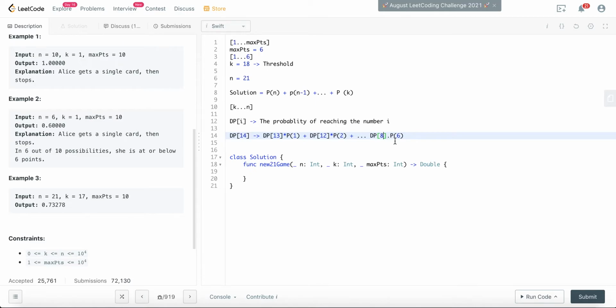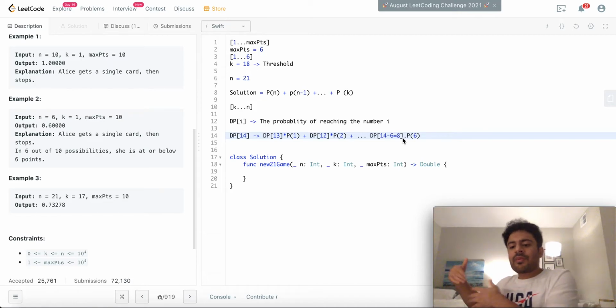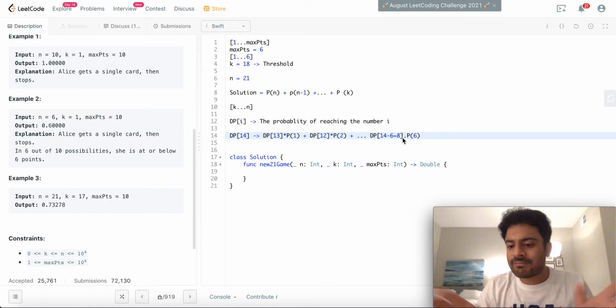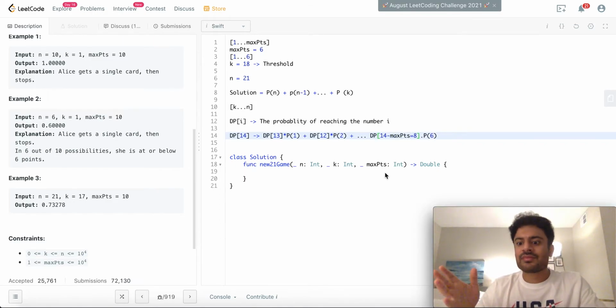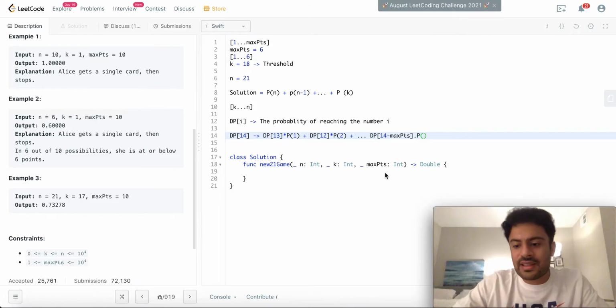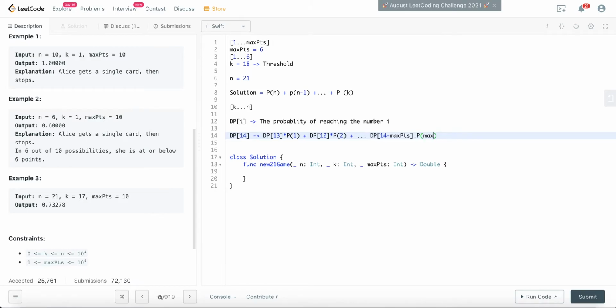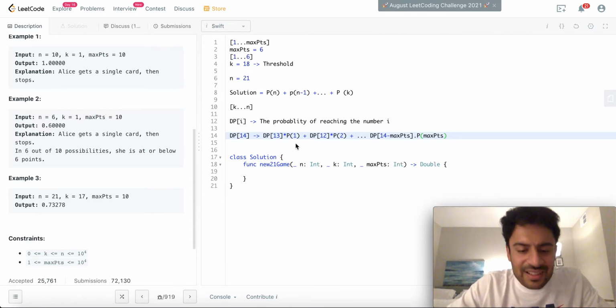What I did was 14 minus 6, because that is the maximum distance behind from where I could have reached 14. If you think about it, this 14 is max points, forget this 8, and this 6 is also max points. As you see, I'm getting to the recurrence relation slowly.